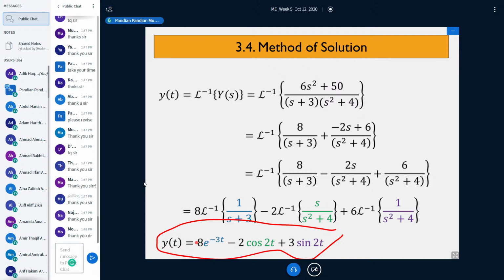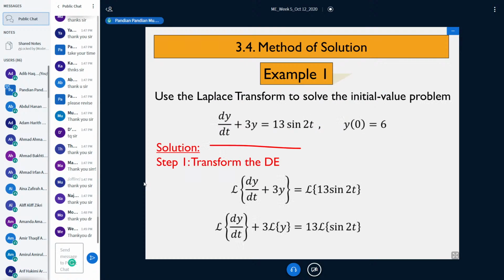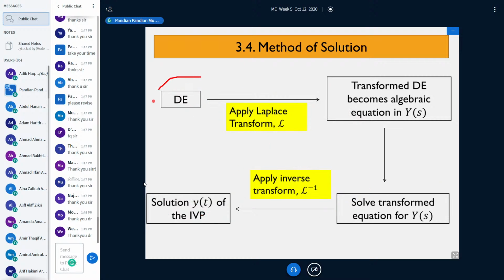You differentiate dy/dt, you put dy/dt inside here, and you put y inside here, and you get 13 sine 2t, that means your answer is perfect. That's how, but that one is here. This part, class. This one is the last part.